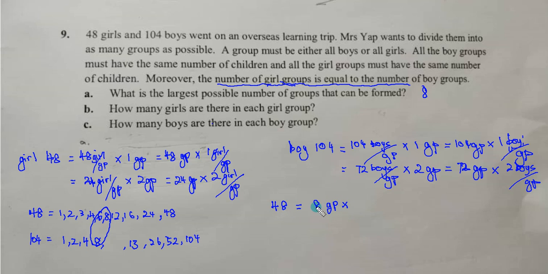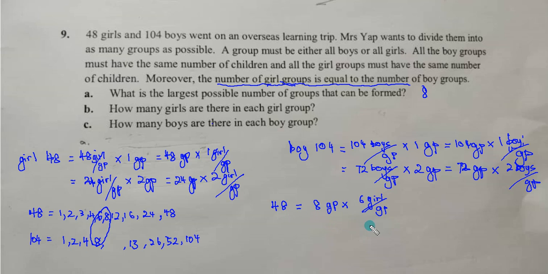Now to get 48 with 8 groups, it must be 6 girls per group. 6 times 8, you get 48.